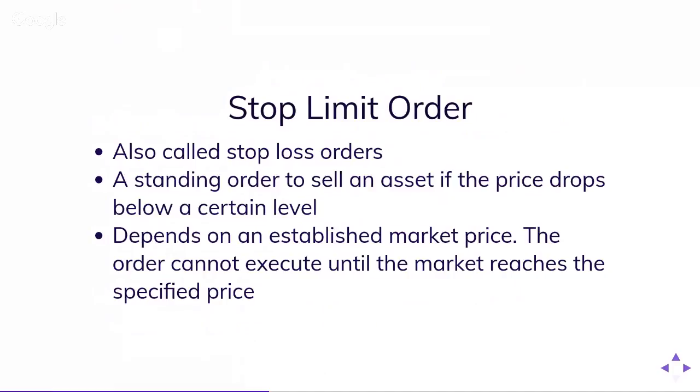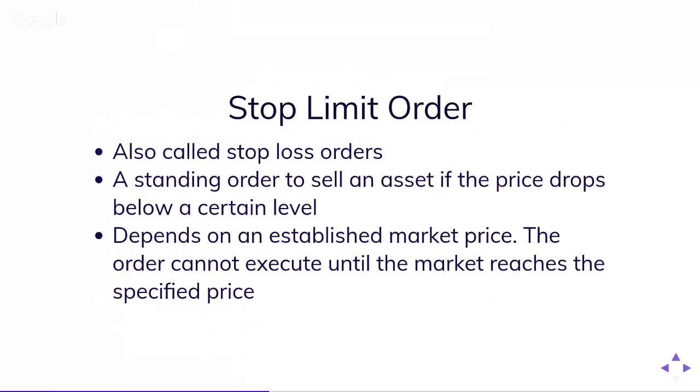Stop limit orders depend on an established market price. The order can't be executed until the market reaches that specified price. This is important because if you have a stop limit order for $45 a barrel, you don't want people to be able to go buy your barrel at $45 a barrel when other people are buying barrels of oil at $60 a barrel.